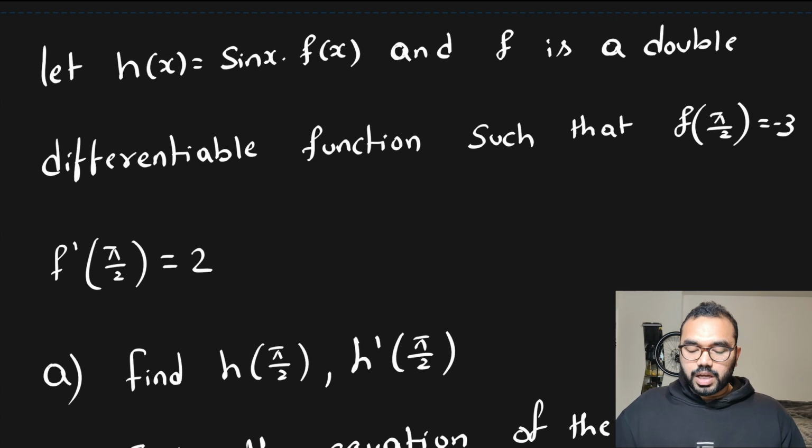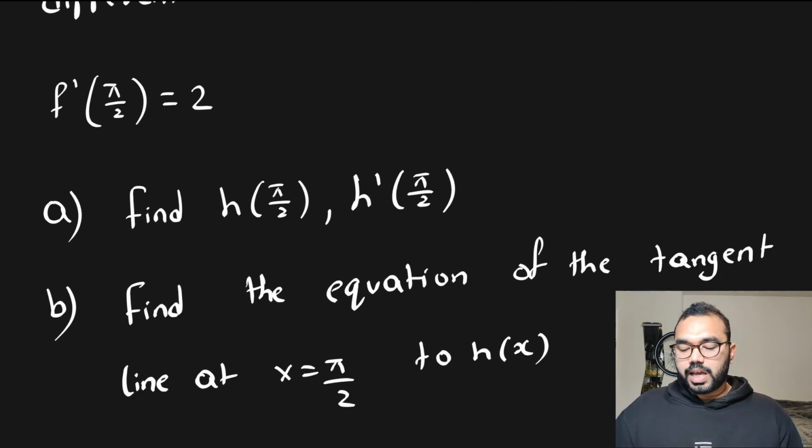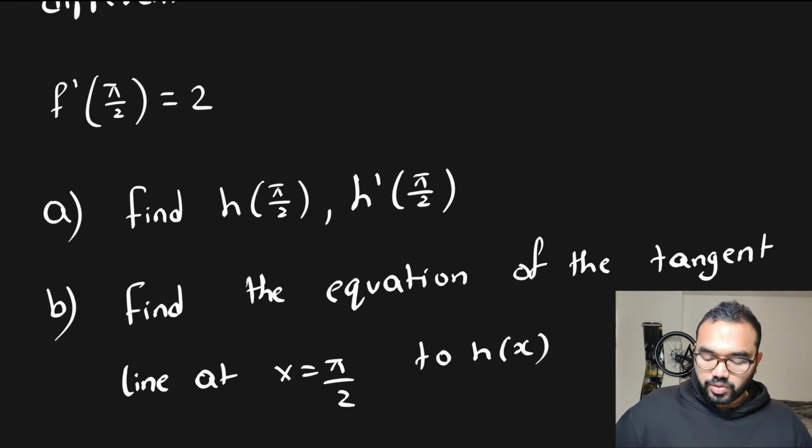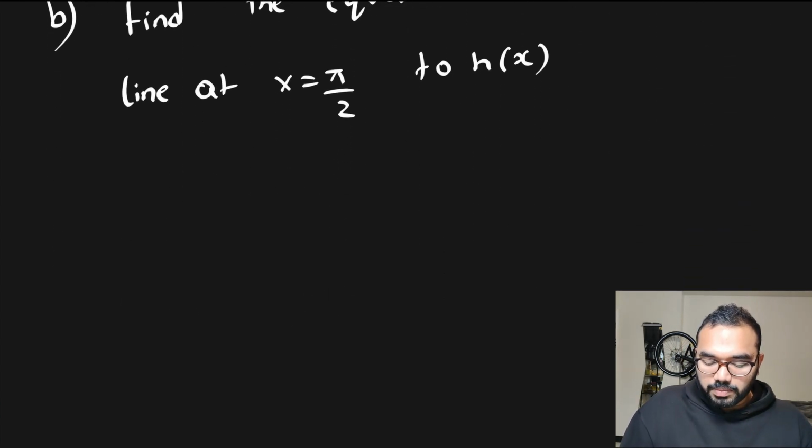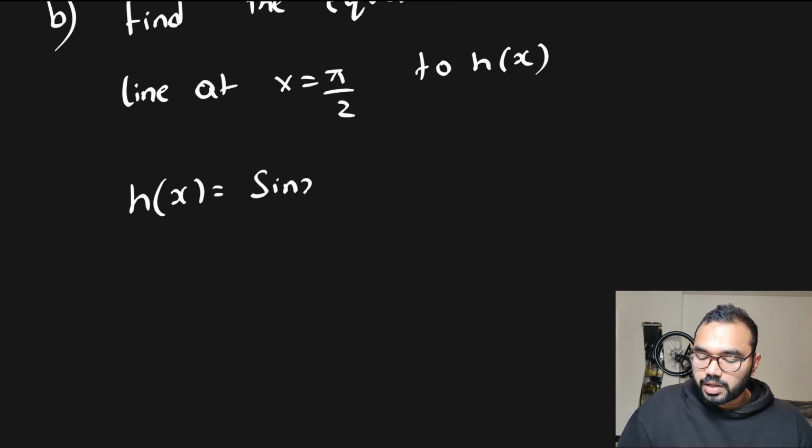Such that f of pi over 2 is negative 3 and f prime of pi over 2 is 2. The first question is find h of pi over 2 and h prime of pi over 2. So it's just plug and chug. It's quite easy. So let's write the problem. So h of x is given as sin x times f of x.